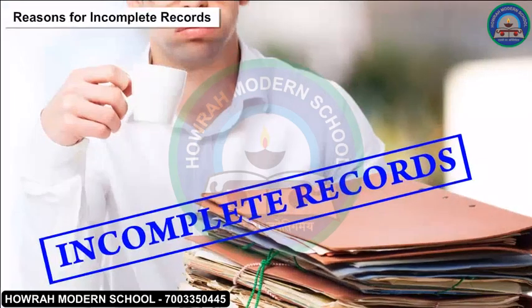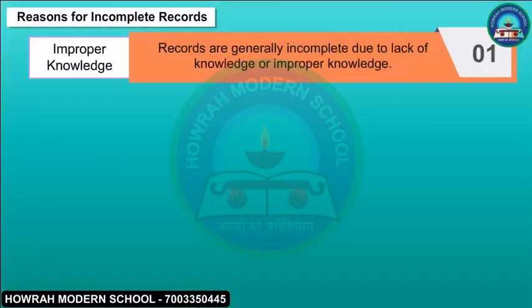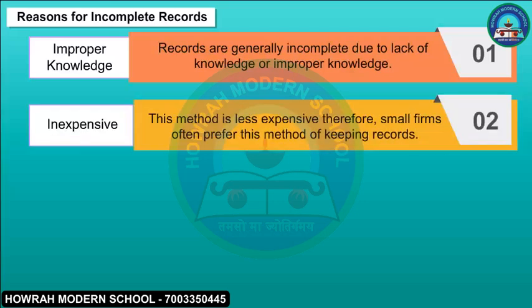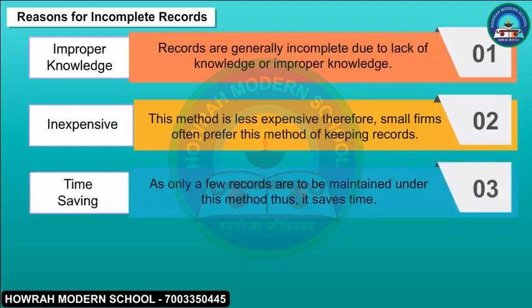Reasons for incomplete records. Improper knowledge. Records are generally incomplete due to lack of knowledge or improper knowledge. This method is less expensive, therefore, small firms often prefer this method of keeping records. Time saving.